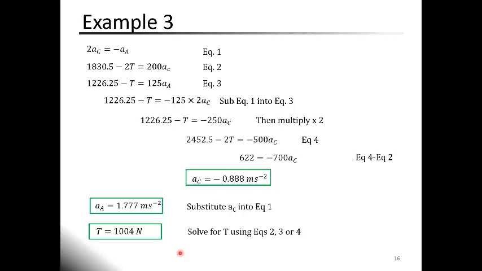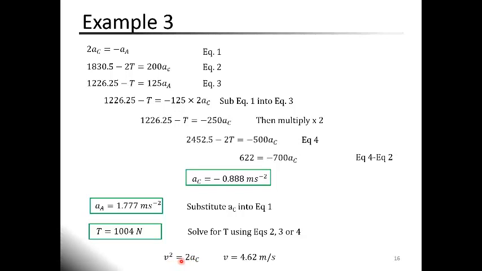We still need to find the velocity though. We can study only the block, and we say that V squared is equal to V0 squared plus 2AA, because we are studying the block.